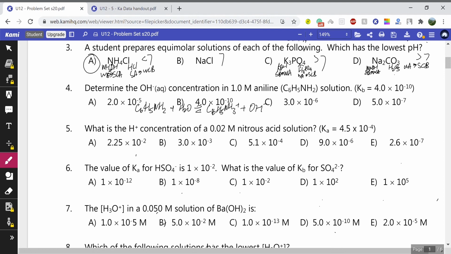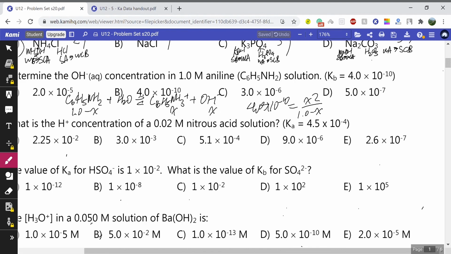It told us the Kb already, so this is going to be 1.0 minus x, then x and x. So Kb is 4.0 times 10 to the negative 10th, and this Kb produces OH. Now we can plug this into our calculator: x squared divided by 1.0 minus x, set equal to 4.0 e to the negative 10th.